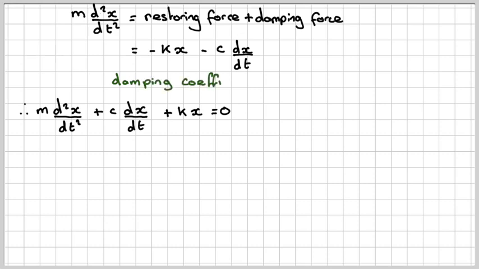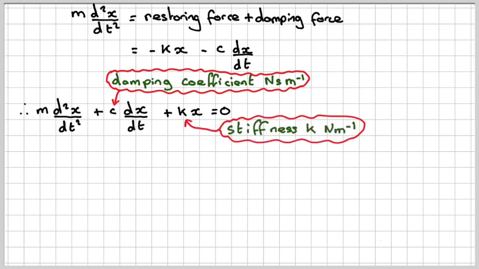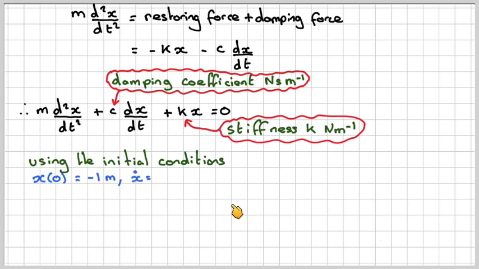So c is the damping coefficient, which we'll find in a minute, and k is the stiffness of the spring, which we're actually given as 5 in the question. So using the initial conditions, these are all the initial conditions given in the question, extrapolated from the question.